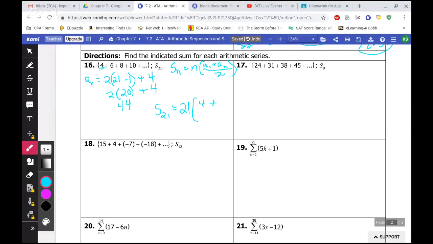And then the value of S21 is 44, like we just found. And that's all divided by 2. So 4 plus 44 is 48. Divided by 2 is 24. So we've got 21 times 24. And that equals 504.